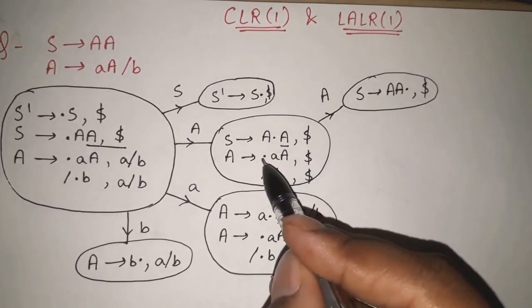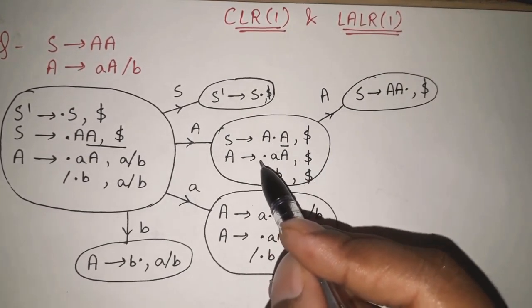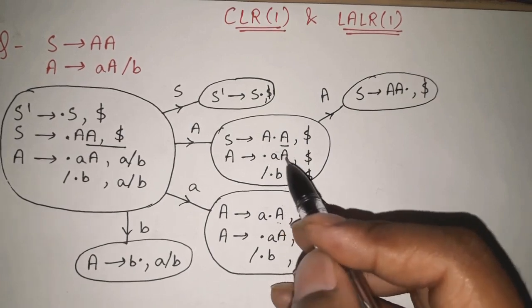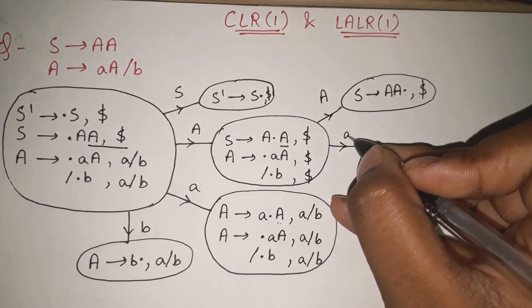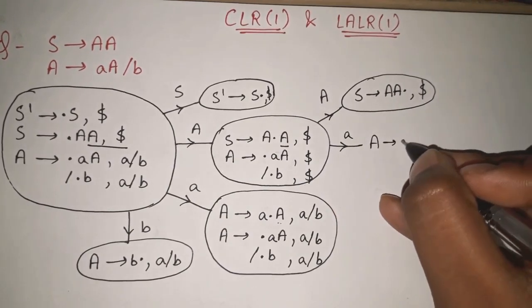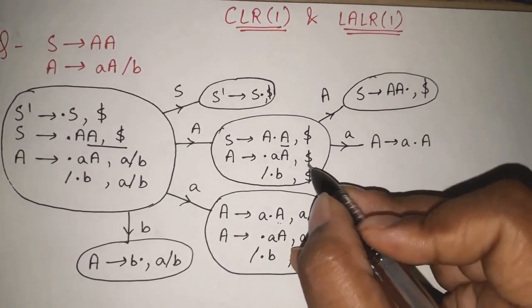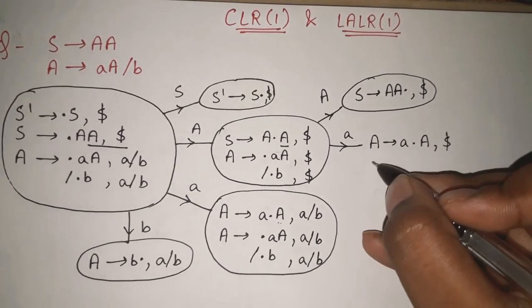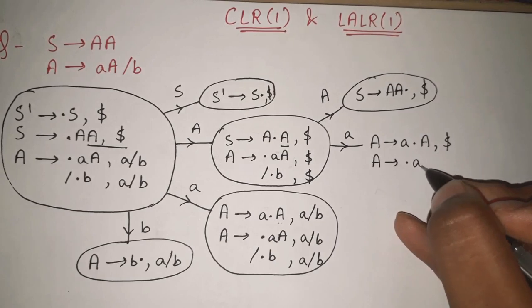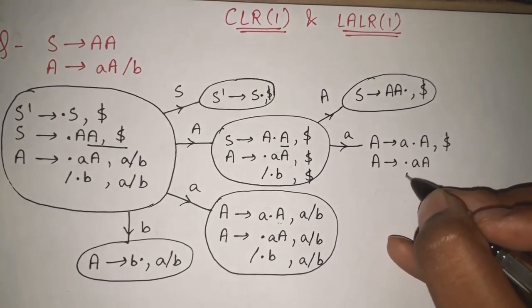Okay. Now after the dot, I am having small a. So on small a I have to do it. On small a I will get A gives a dot A, and on the first place the lookahead will be as it is. Now after the dot I am having variables, so I have to write the production for it also, A gives dot a A or dot b.